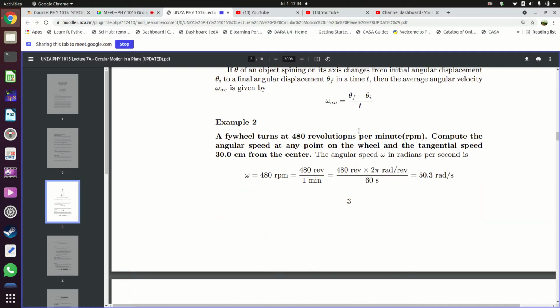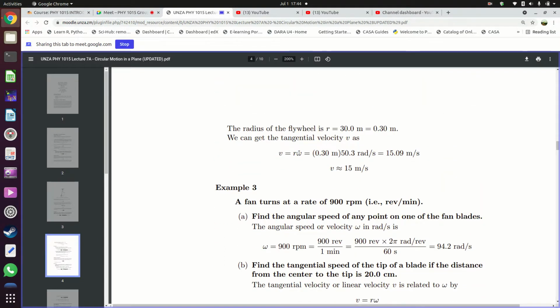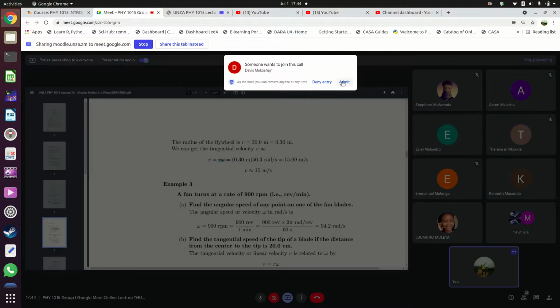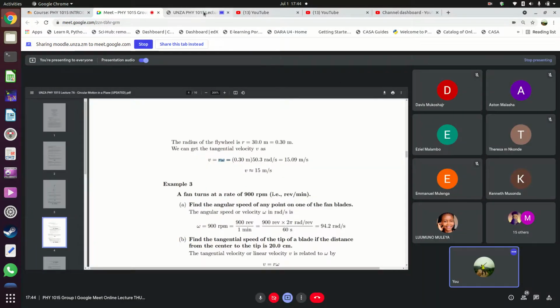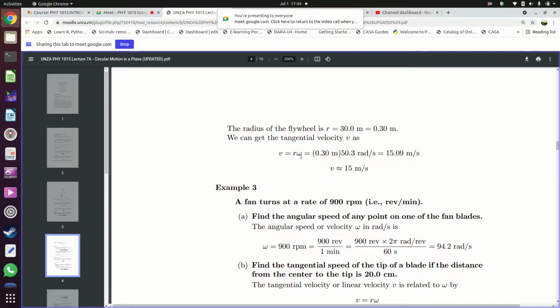So that's where this relationship comes from. Your velocity in meters per second, which is called the tangential velocity, is equal to the radius multiplied by the angular velocity. Since you already have your angular velocity in radians per second, you need to change your radius to meters.